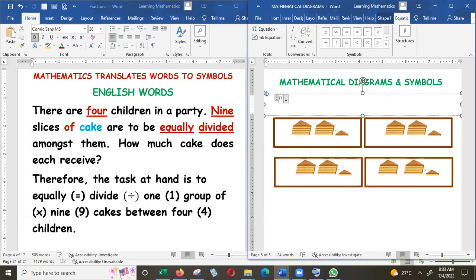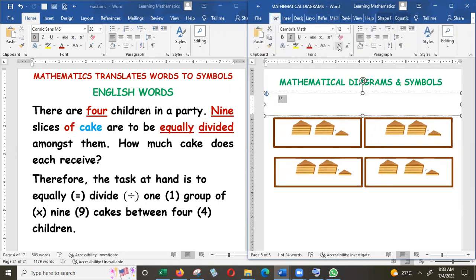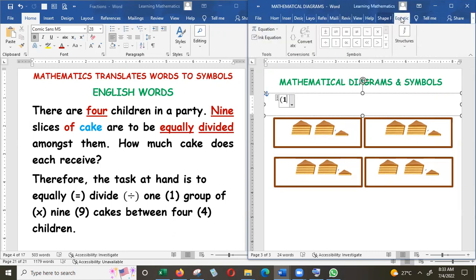One group of, the symbol for of is times.